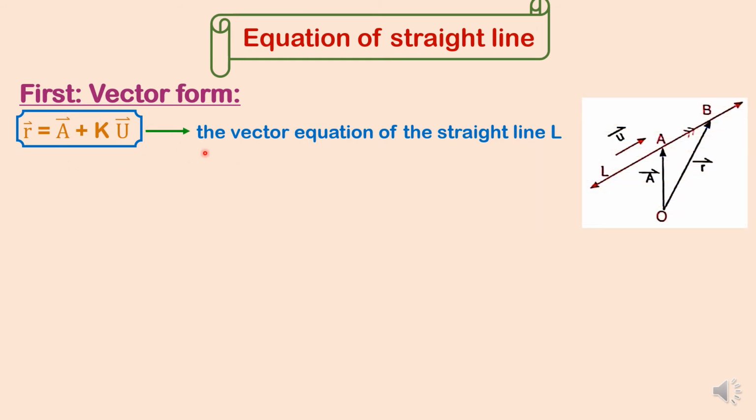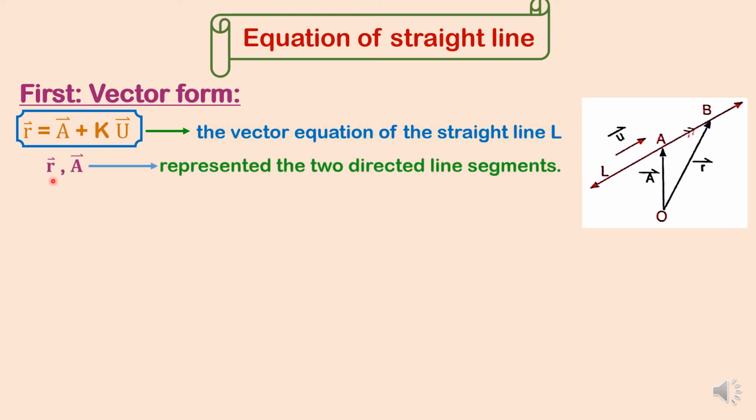This form is the vector equation of a straight line L. The r vector and a vector represent two directed line segments, as we see in this figure. The u vector is the direction vector.